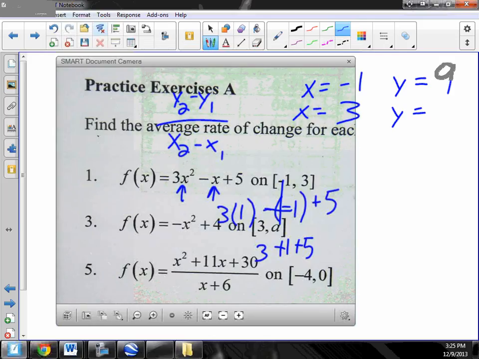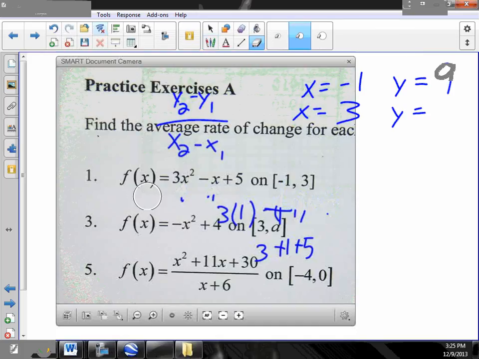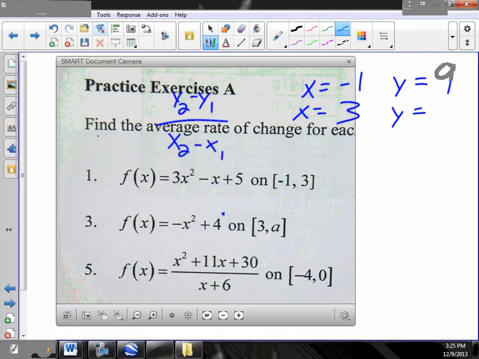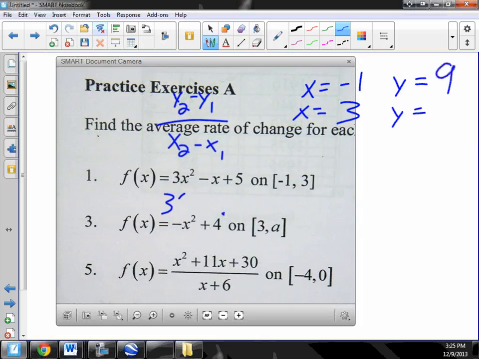All right? Now I need to plug in 3. So 3 times 3 squared is 9, minus 3 plus 5. So 3 times 9 is 27. 27 minus 3 is 24. 24 plus 5 is 29.